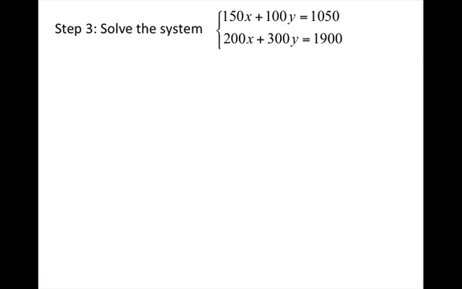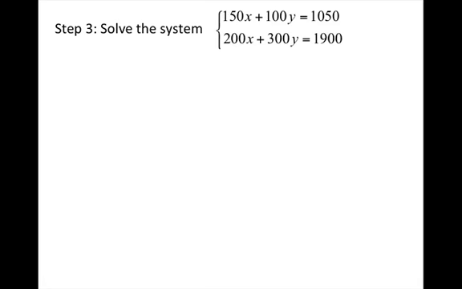So I want to make my coefficients for each y be 300. Well, I already have the 300 in the second equation and it's positive. So I want to make my first y be a negative 300. So I need to multiply this equation by a negative 3.